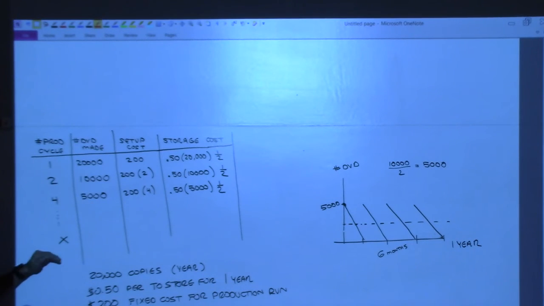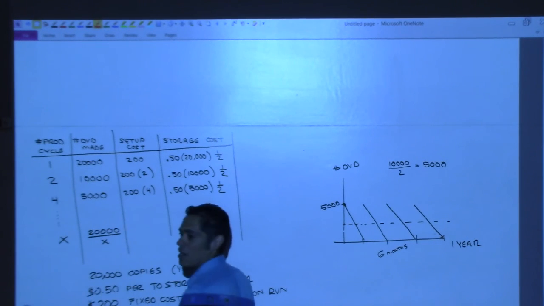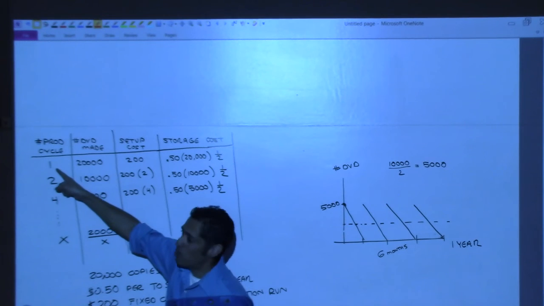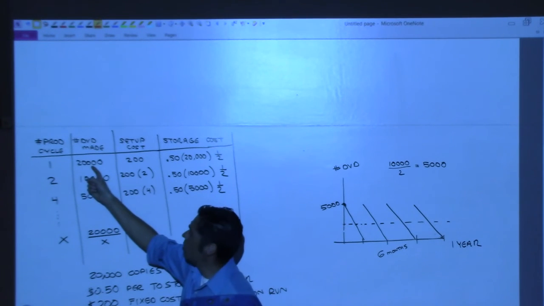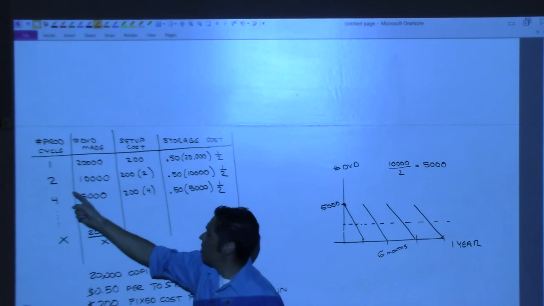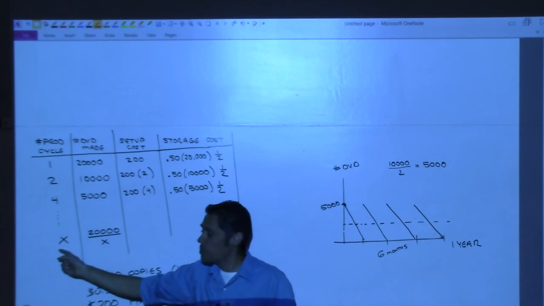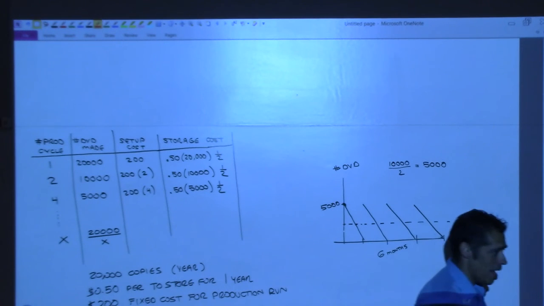X production cycles, 20,000 over X. 20,000 divided by X, right? So if you only have one production cycle, you've got to make them all. If you have 2 production cycles, you're going to take 20,000 divided by 2. If you do 4, 20,000 divided by 4. If you do X, 20,000 divided by X.